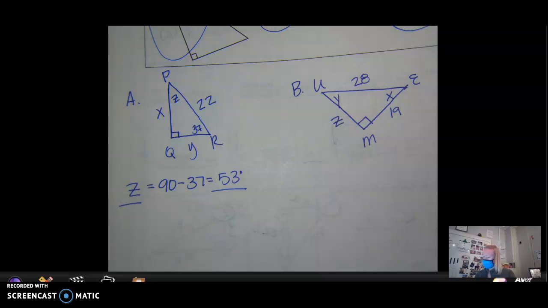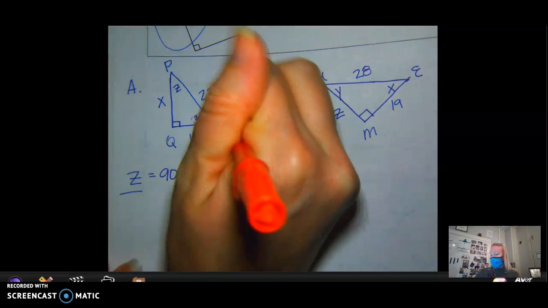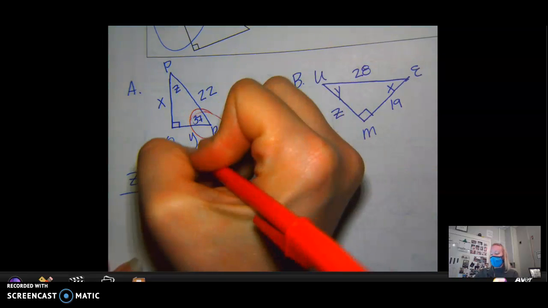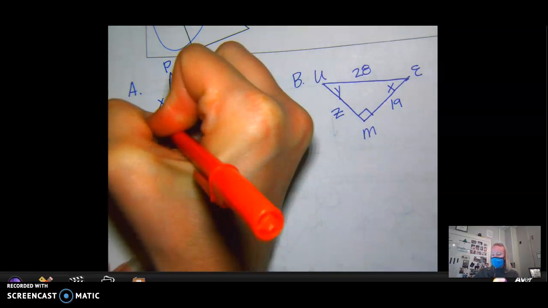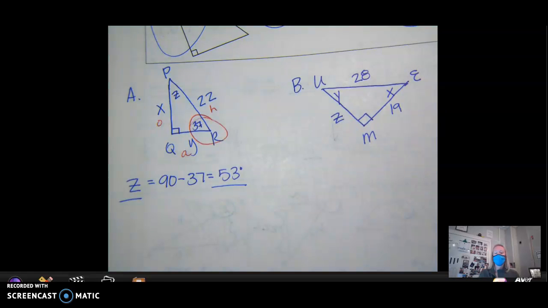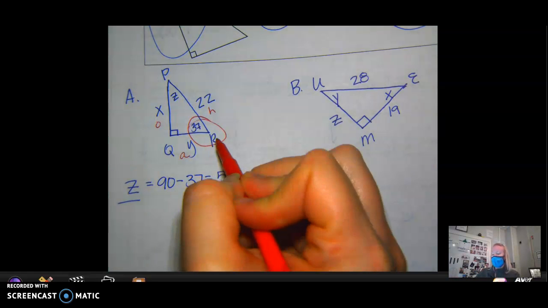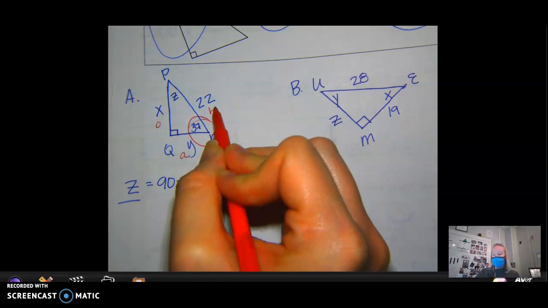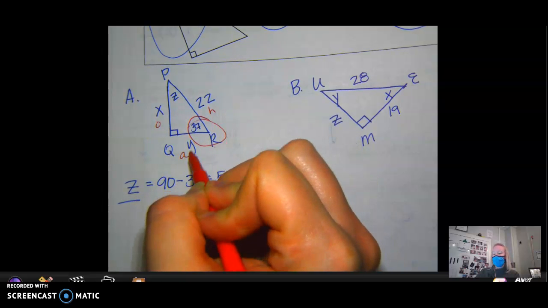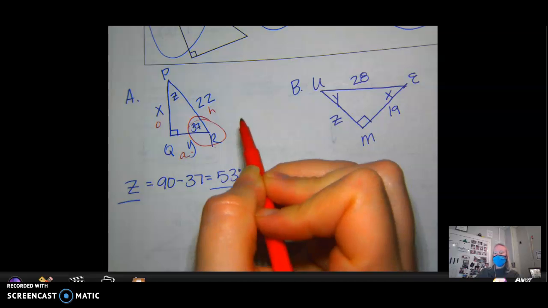Next, does it matter if I find X or Y next? No. I'm going to use my angle R, remember? And I'm going to label this. This is adjacent, opposite, hypotenuse, right? I'm sorry, I want to find Y. So which one do I have to use?